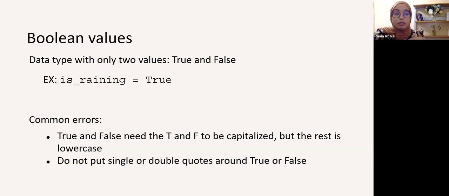Also, some common errors when you are dealing with Boolean variables: you can write lowercase, for example for T. Look, you see this True starts with a capital T. Sometimes while writing your code, you just write it lowercase. In this case, you can have an error. Also for False as well.